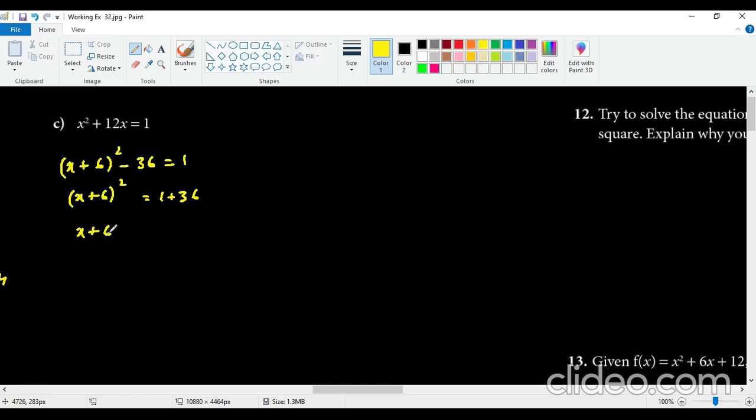So x plus 6 whole square will be equal to 37. Taking the root out is going to give us under root 37. So the final answer is going to be minus 6 plus minus under root 36. Two values. First value is x equals minus 6 plus under root 36. Sorry, 37 it is.